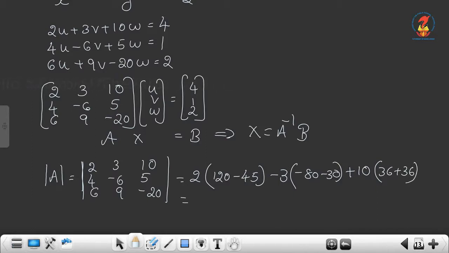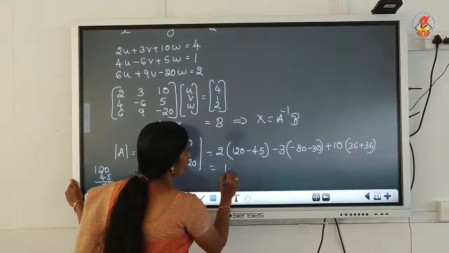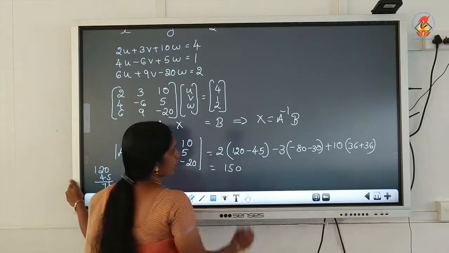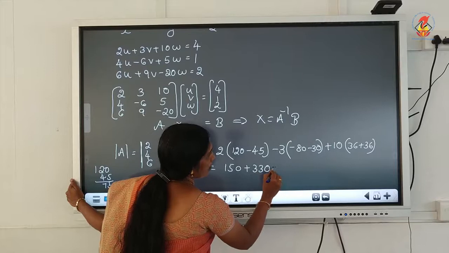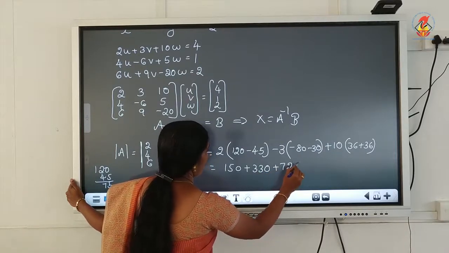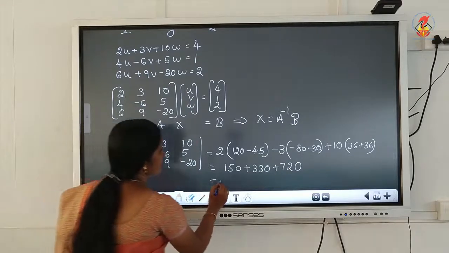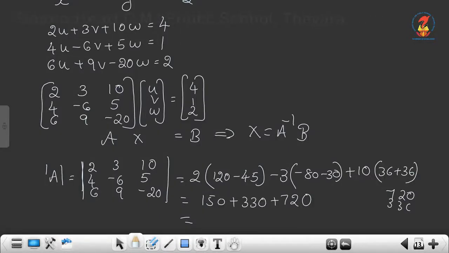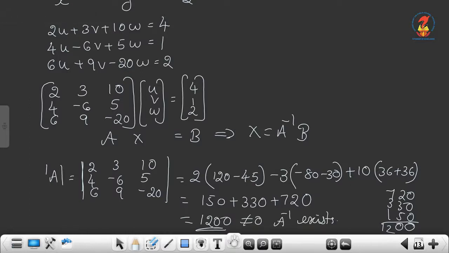So 120 minus 45, how much now? 75. 75 into 2 is 150. Minus 110 into 3 means plus 330, plus 720. Now what is the sum of these? 720 plus 330 plus 150, that's equal to 1200. That is not equal to 0. So A inverse exists, so we get a unique solution.